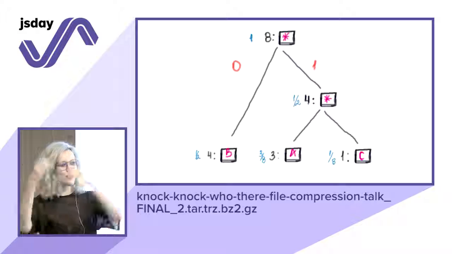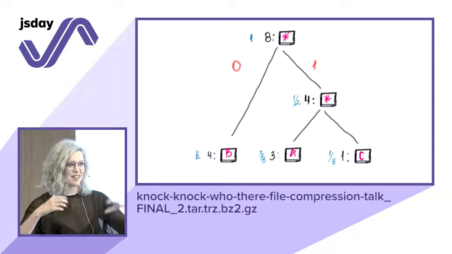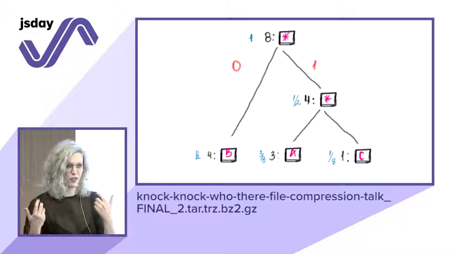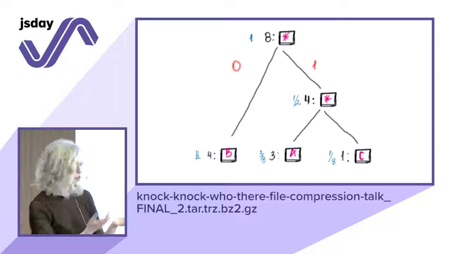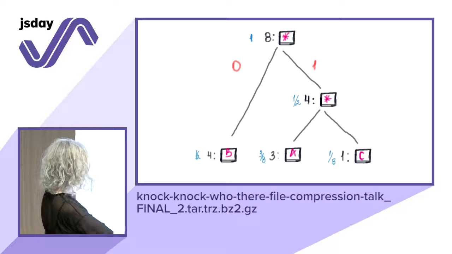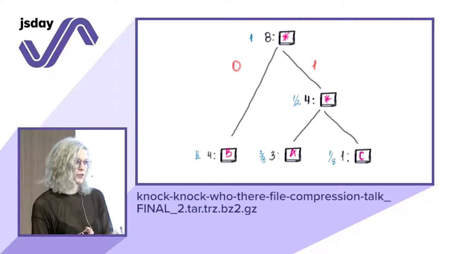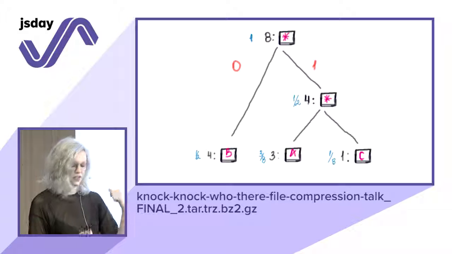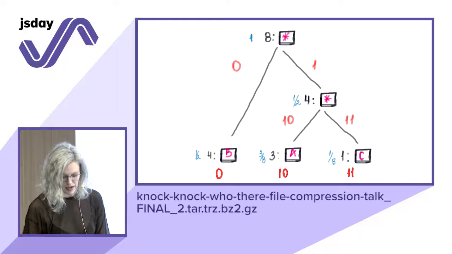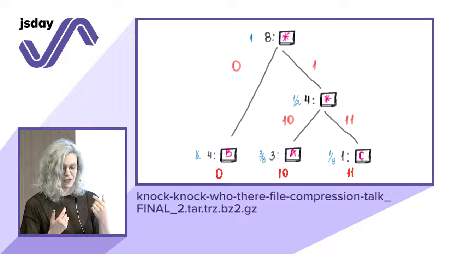Then you go down and create your encoding for this particular tree. You start again from the right, and your rightmost branch is always 1, and then you go to a 0. Then you build up the entire tree again.